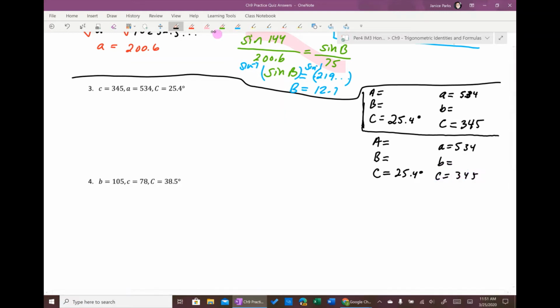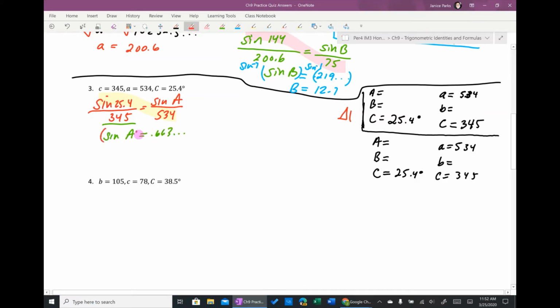Okay, so we're going to start with the first triangle here, triangle 1, and see what we get. So we get sine of 25.4 over 345 is equal to sine of A over 534. Again, cross multiply, multiply those two together, and then divide by 345. That should give you sine of A is 0.663.